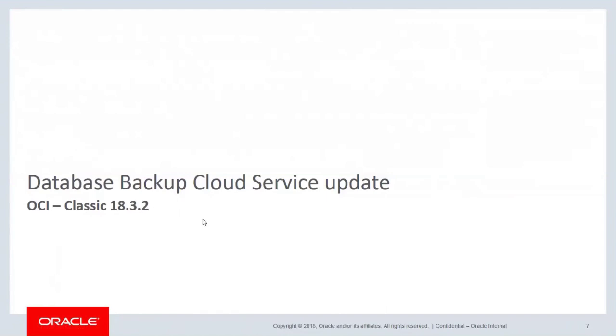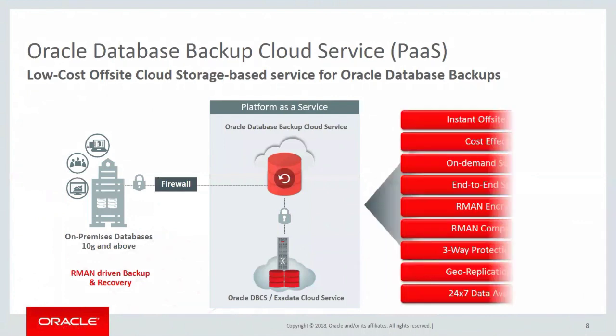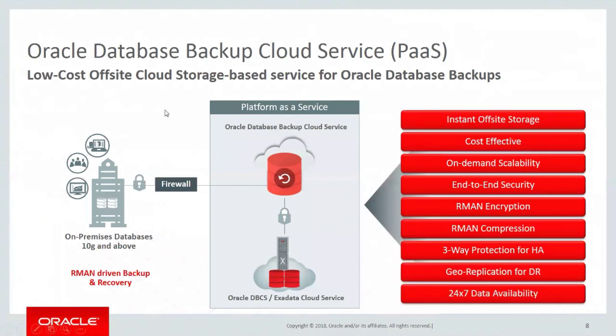So let's look in more detail at the Database Backup Cloud Service and what the updates are. These updates refer to the OCI Classic 18.32 release that was released last July. First of all, the Database Backup Cloud Service is a solution that allows you to back up your Oracle databases to cloud storage. You have the advantage of offsite storage, which is cost effective, and you don't have to worry about scalability.